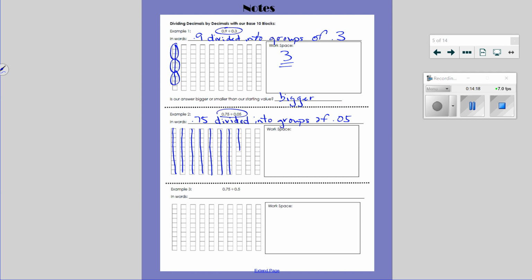So I'm going to circle every 5. So here's 5. There's 1 group. There's 2 groups. 3, 4, 5, 6, 7, 8, 9, 10, 11, 12, 13, 14, 15. So how many groups were there? 15.